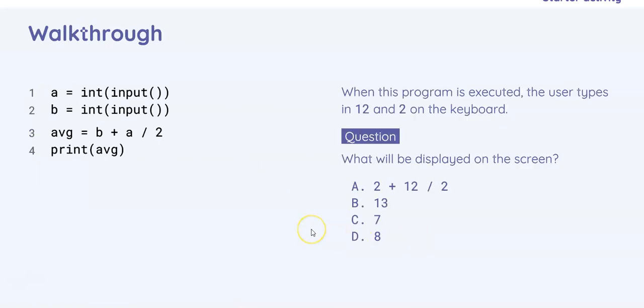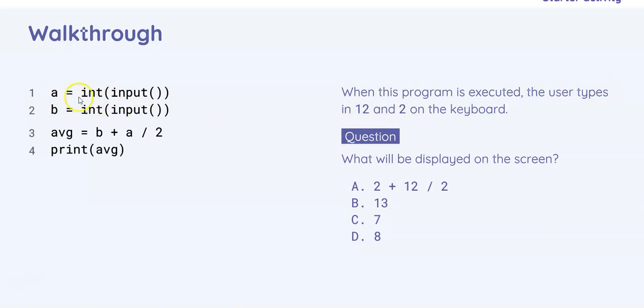Now the next task you're going to move on to is our walkthrough activity. Again, I'm going to give you a minute to go through this and come up with your answer. But before you do, let me help you with a bit of understanding. Note the instruction: when the program is executed, the user types in 12 and 2.